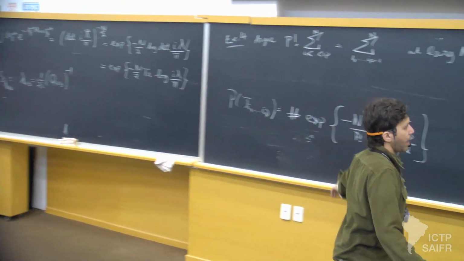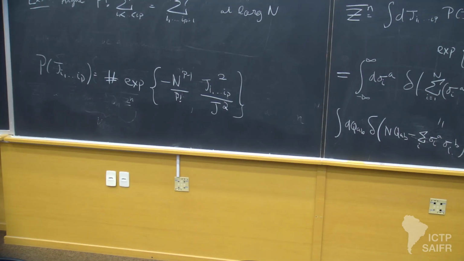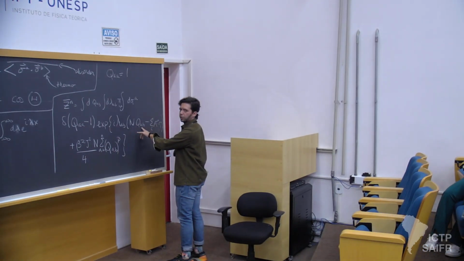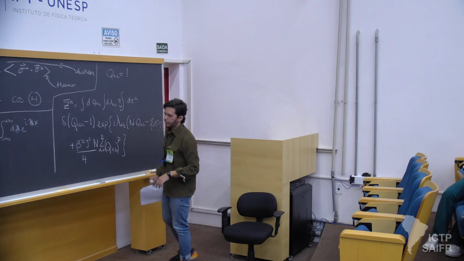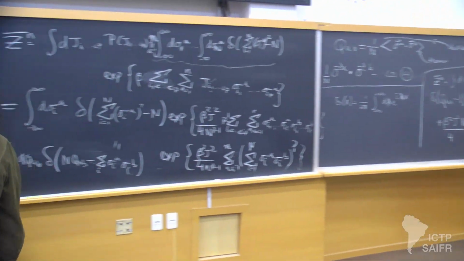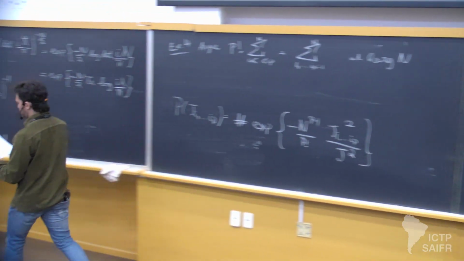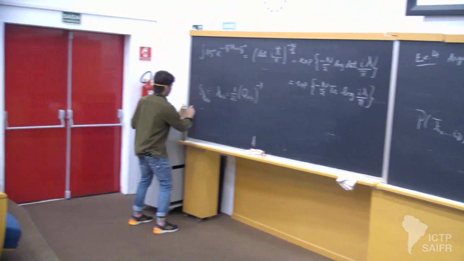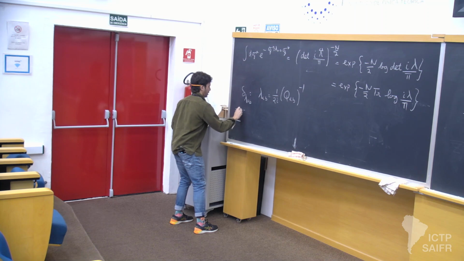Well, you don't have to worry about the i's and pi because the logs will get rid of them. But then if you take a derivative with respect to lambda here, you get q. So lambda inverse is equal to q, so lambda is equal to q inverse. And then I can write down my effective theory completely. So I'm going to write it down over here. So this leads to an integral over q.